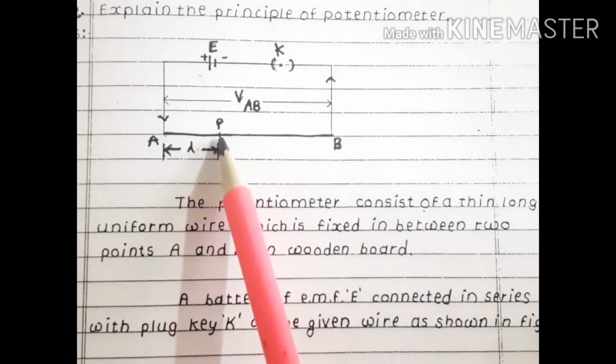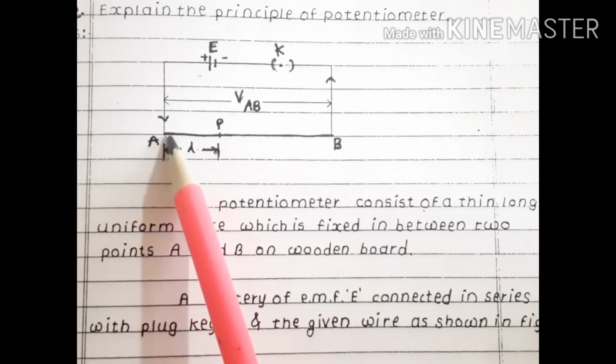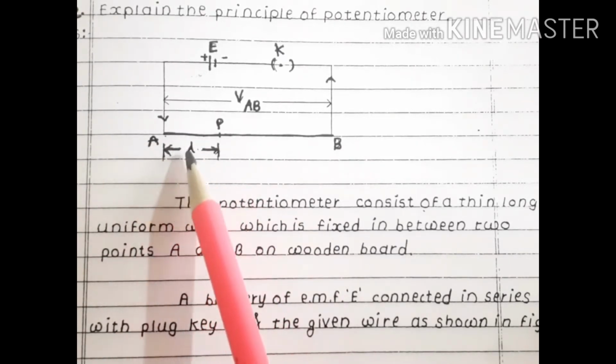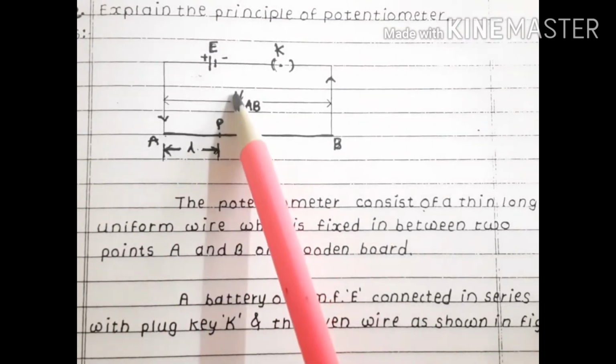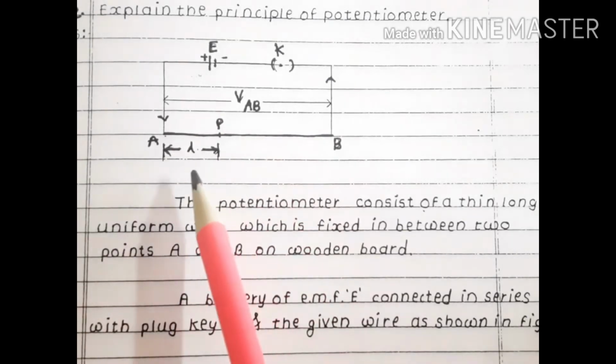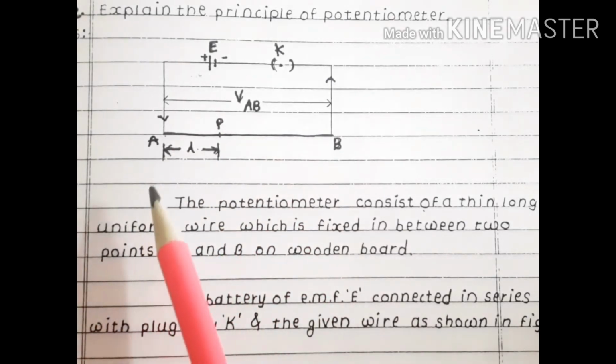On that wire, let us consider a point P, which is situated at a distance small l from point A. Small l is the distance between point A and point P on the potentiometer wire. VAB is the potential difference across wire AB.